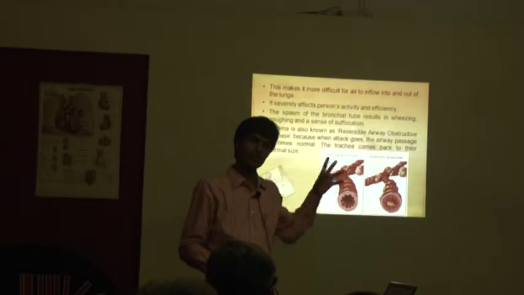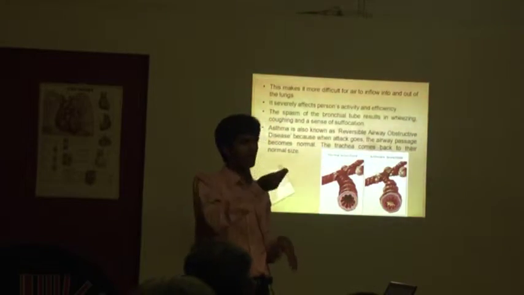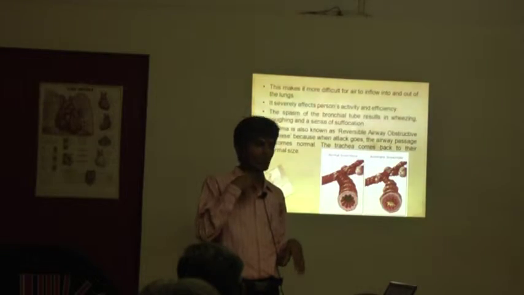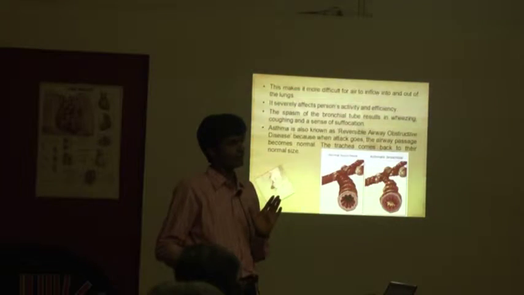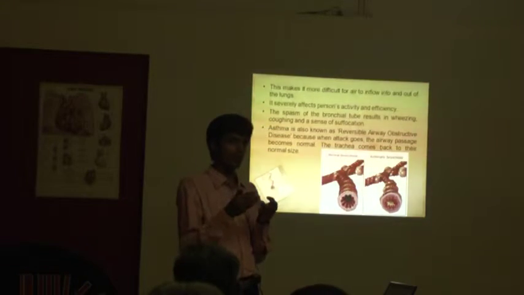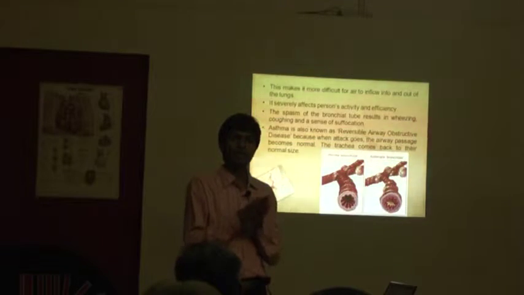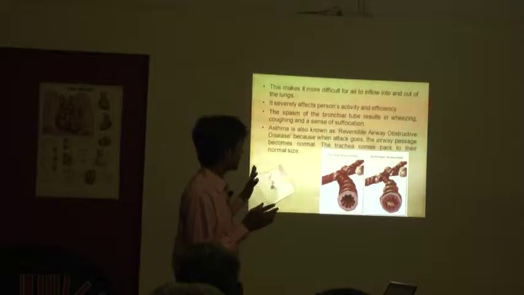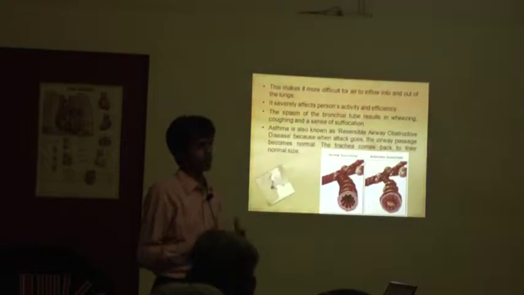Mucus is a slimy, sticky structure which is there in the body, but it is in a way helpful. Why is it helpful? It is meant to protect, to lubricate, to wet, to keep that area moist. But when there is overproduction, then it is harmful because we cannot breathe properly.